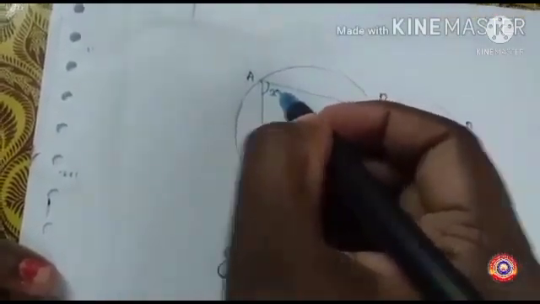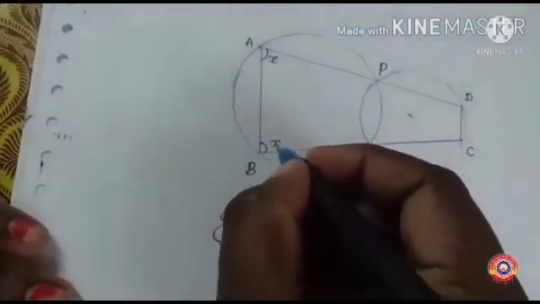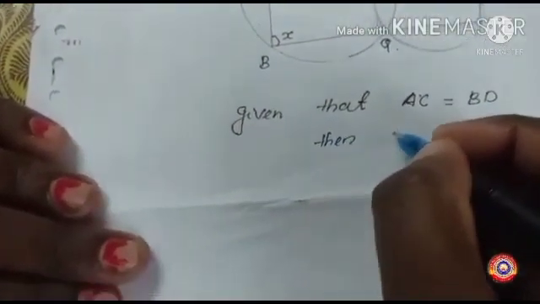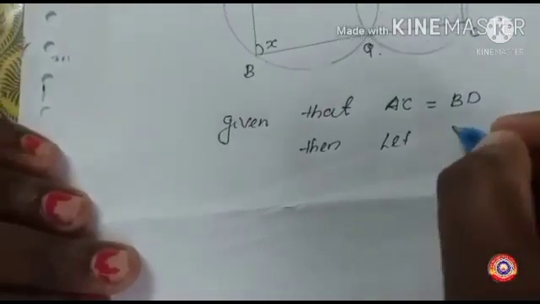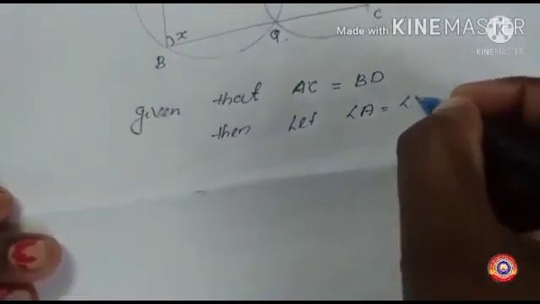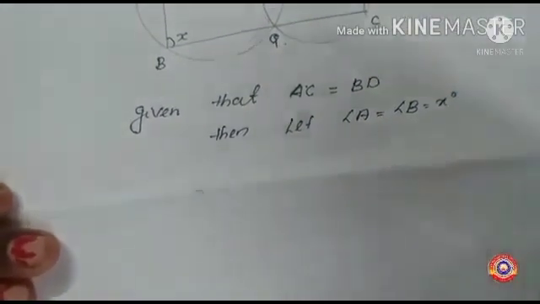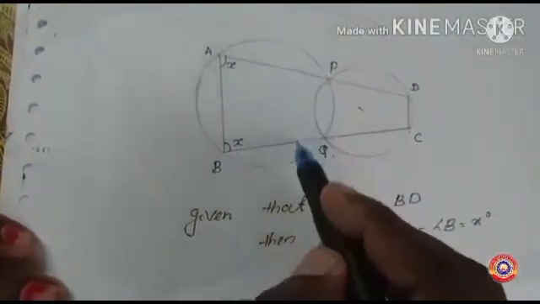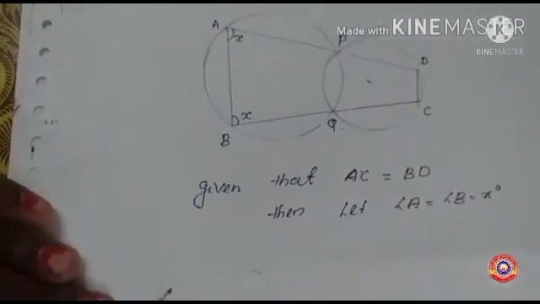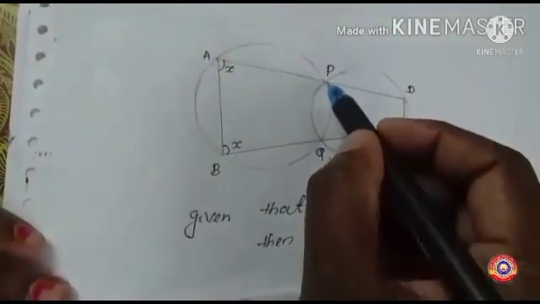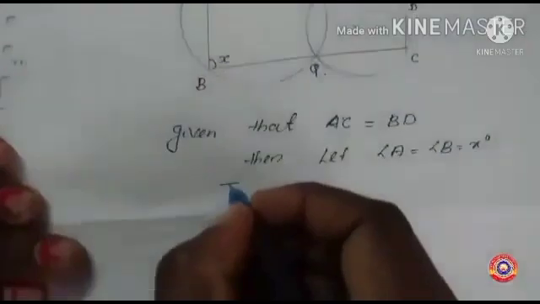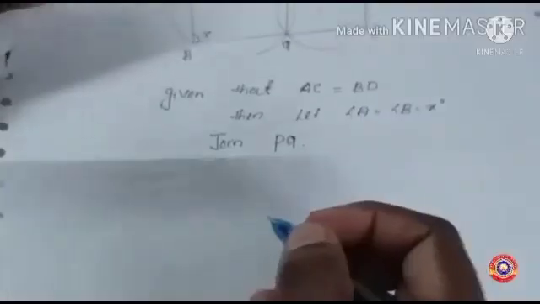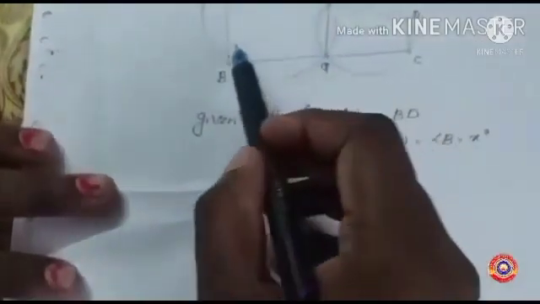So let angle A equal angle B equal x degrees. Can you say why both the angles become x degrees? Yes, they are angles opposite to equal sides. First we have to join PQ.